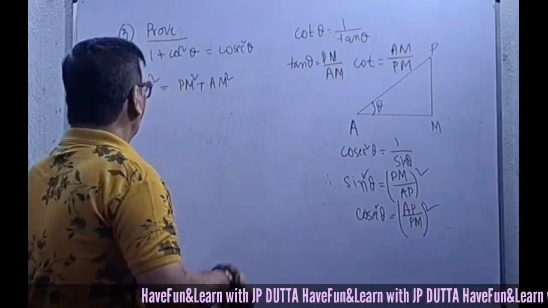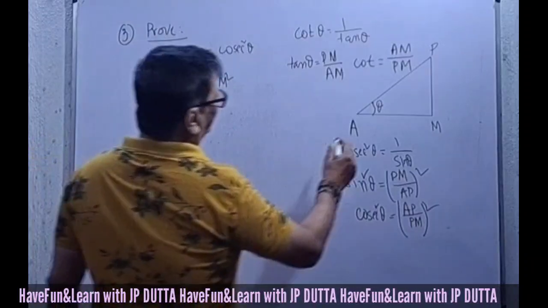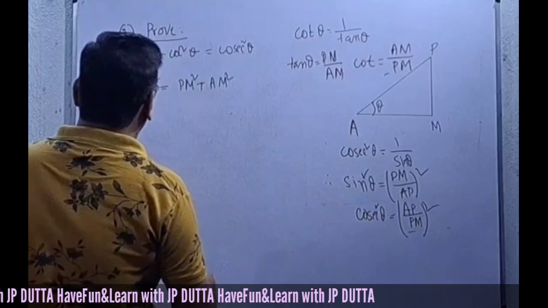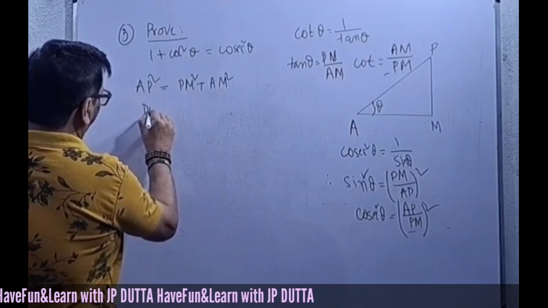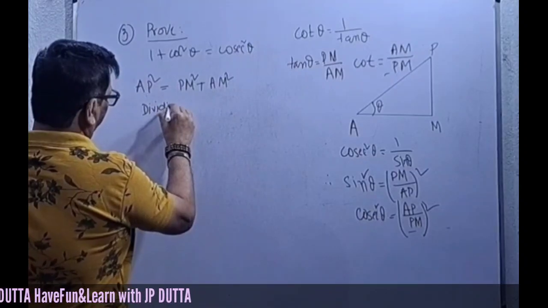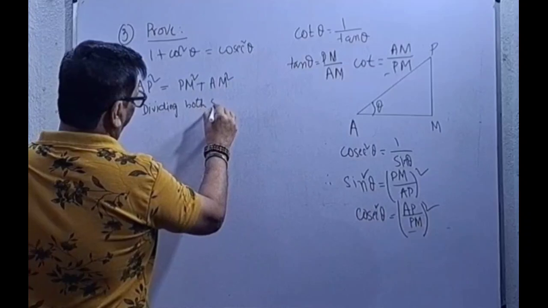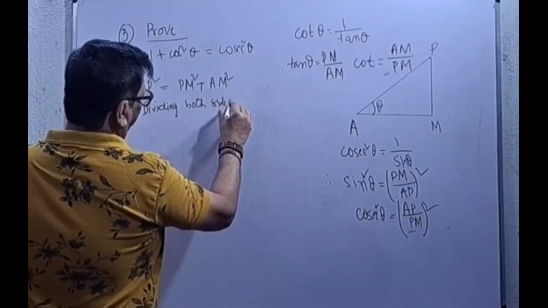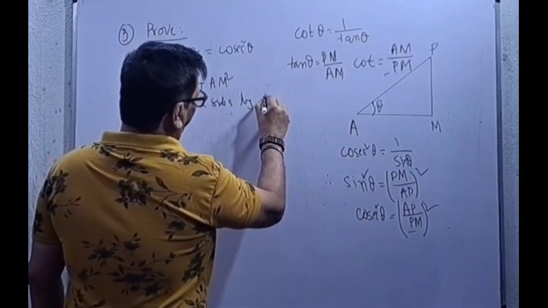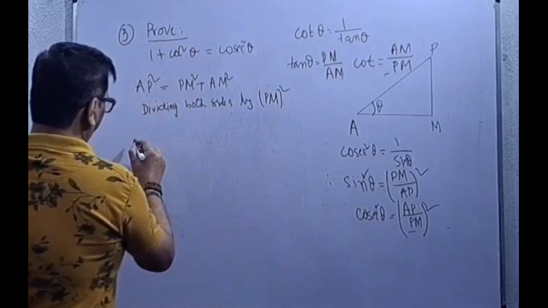Coming back. Now we divide both sides by PM square, see we have to bring in PM. So dividing both sides by PM square. What we get?